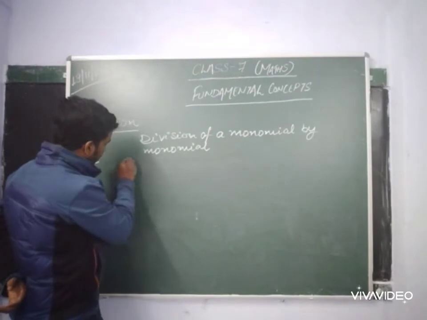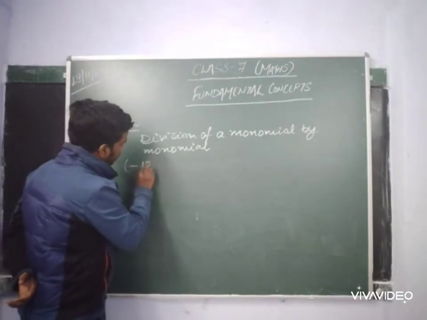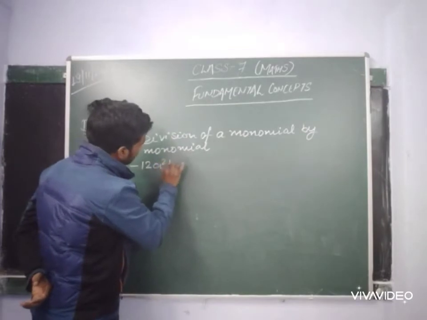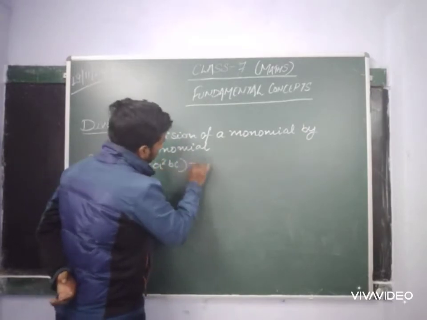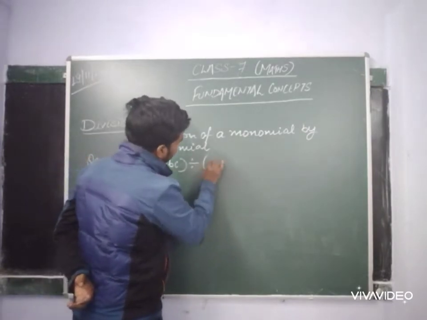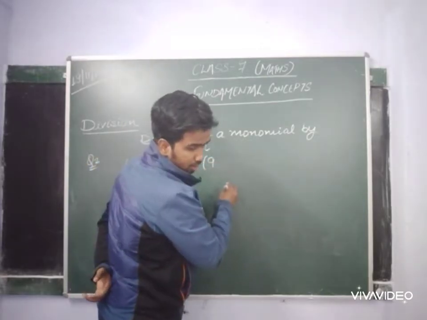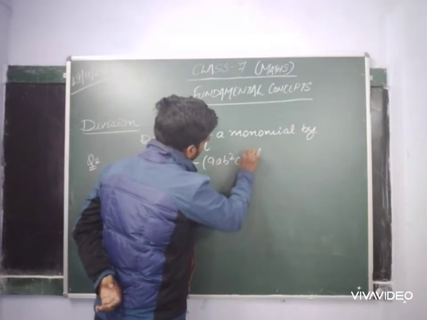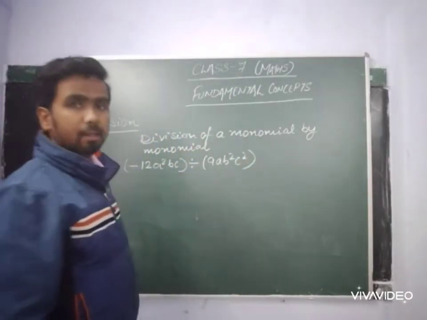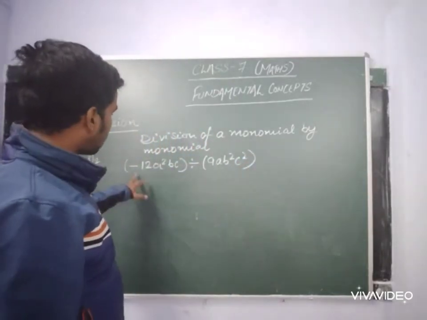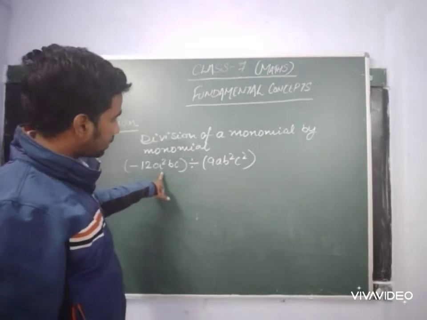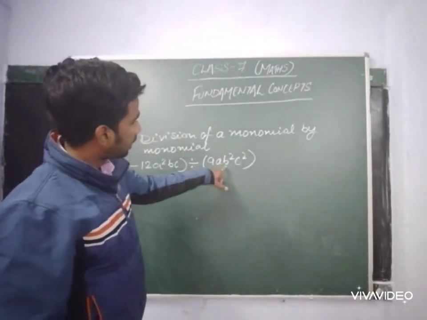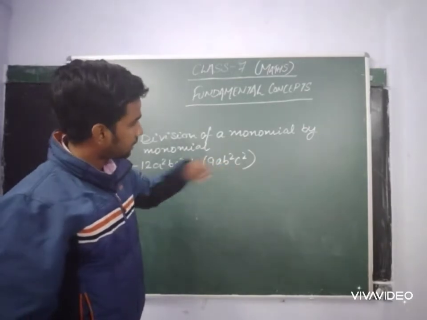Your next question is minus 12a square bc, and you have to divide this with 9a b square and c square. Clear? This is your question. You have to divide 12a square bc with 9ab square c square.